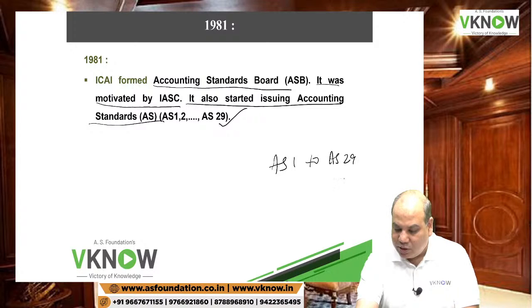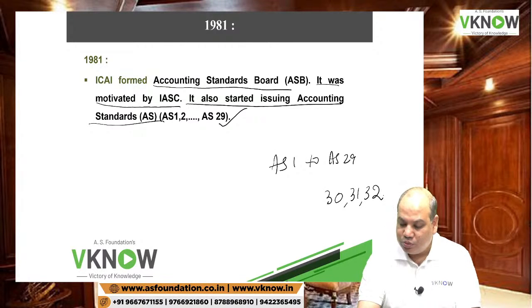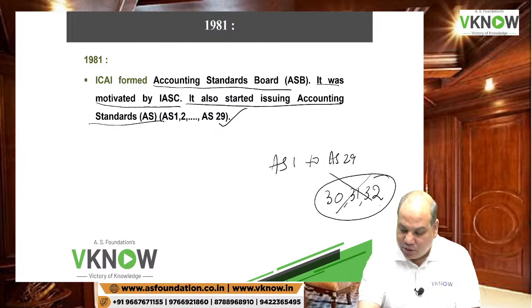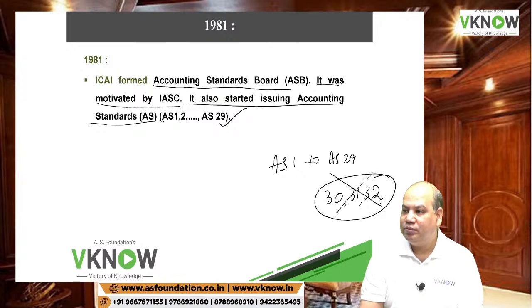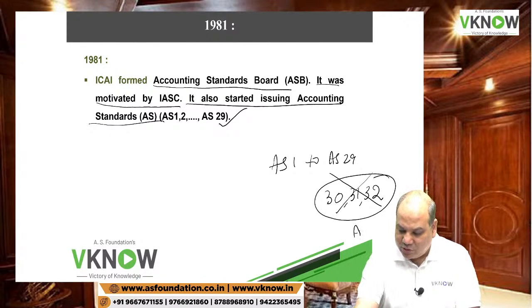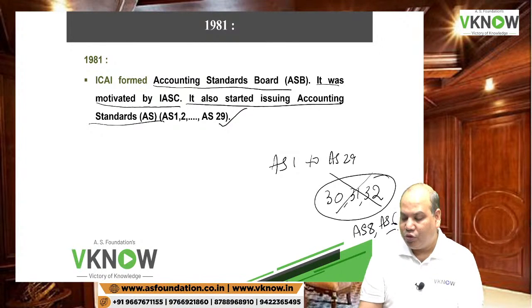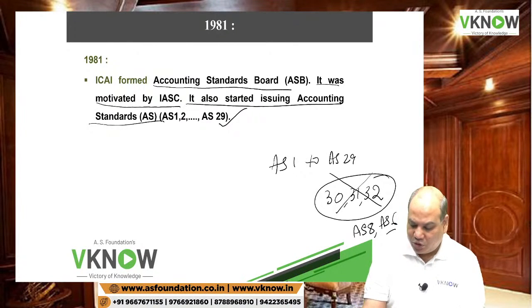Earlier there were 3 more standards, AS 30, AS 31, AS 32, but these 3 standards were deleted. So you have studied in your intermediate batch up to AS 29, and also AS 8 has been deleted. AS 6 has been deleted a few years ago. So AS 6 and AS 8 also no more exist in our accounting standards.